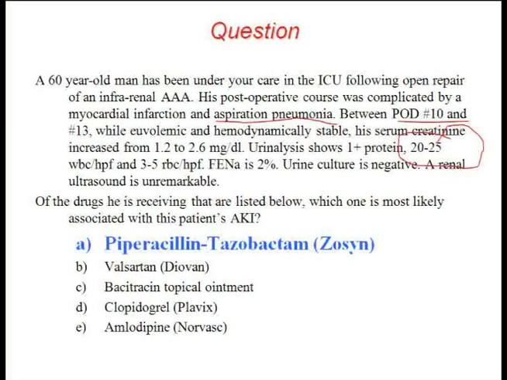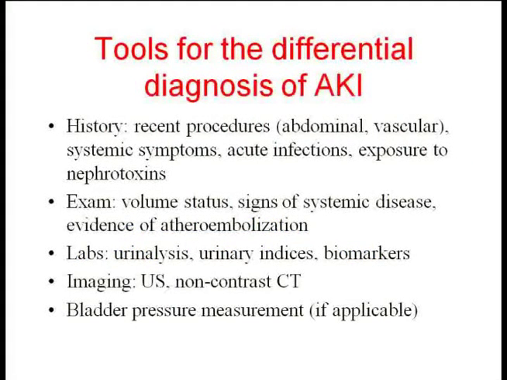Bacitracin topically has not been associated with any syndromes that I know. Clopidogrel is associated with the hemolytic uremic syndrome, which would present differently from this, and amlodipine is not associated with any syndromes other than hypotension related. And I say in the history that he's euvolemic and hemodynamically stable.